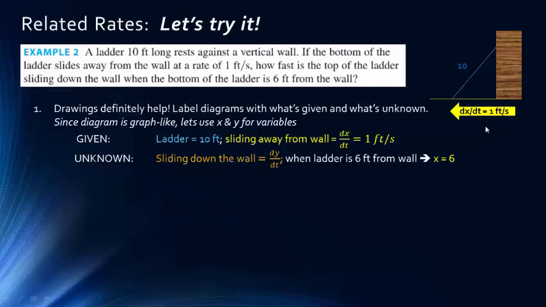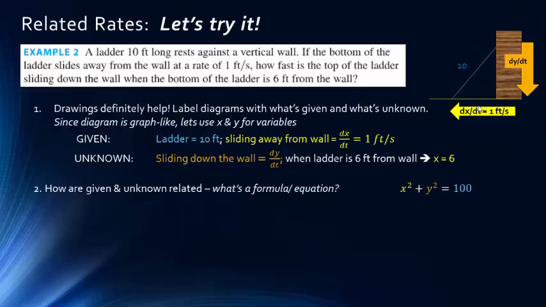Now remember, I have to figure out a formula about these three areas. I've got the distance from the wall, I've got the height along the wall, and then I've got the ladder itself. Hopefully, looking at this, you can see that what we have is a right triangle, so we can use Pythagoras' theorem.